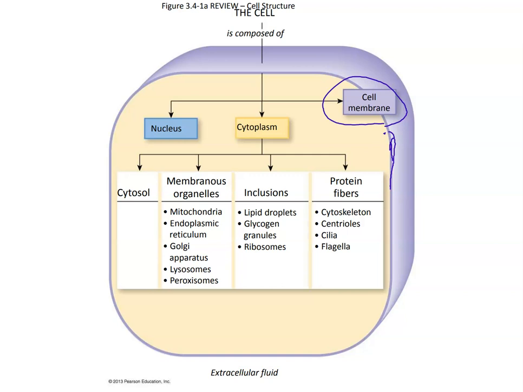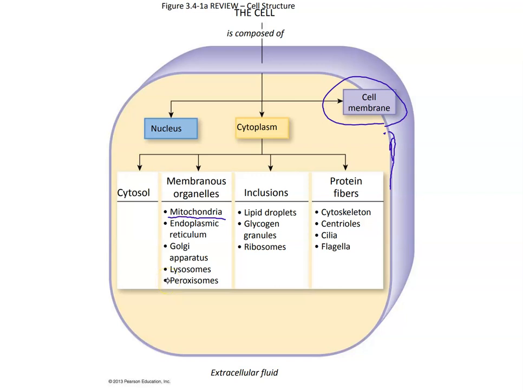The cytoplasm is all the stuff between the nucleus and the cell membrane, and there you have a variety of organelles. We will talk about mitochondria. They are responsible for your energy metabolism. The endoplasmic reticulum and Golgi apparatus are all involved with protein synthesis. Then we have lysosomes and peroxisomes. That's sort of the cleanup crew of your cell.